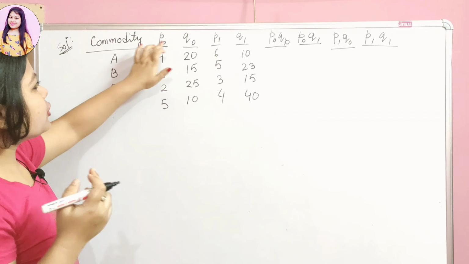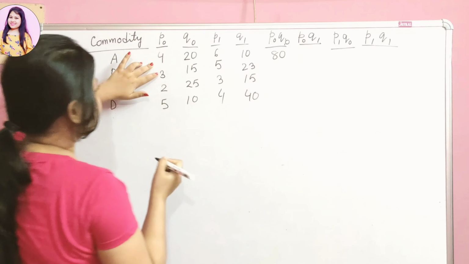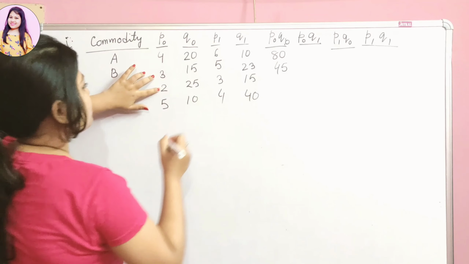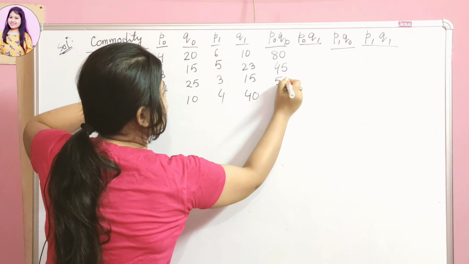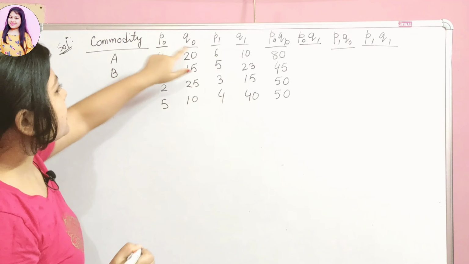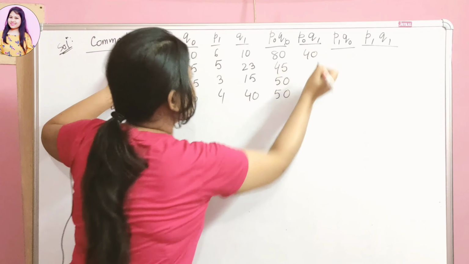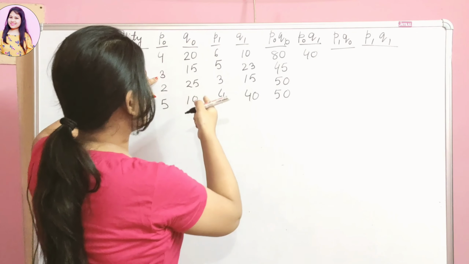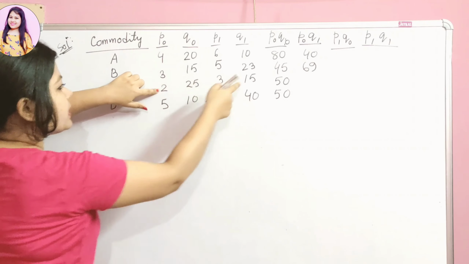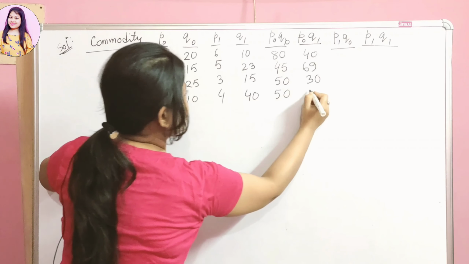First we find P naught Q naught. So 4 into 20 is 80, 3 into 15 is 45, 2 into 25 is 50, 5 into 10 is 50. Then P naught Q1: 4 into 10 is 40, 3 into 23 is 69, 2 into 15 is 30, 5 into 40 is 200.